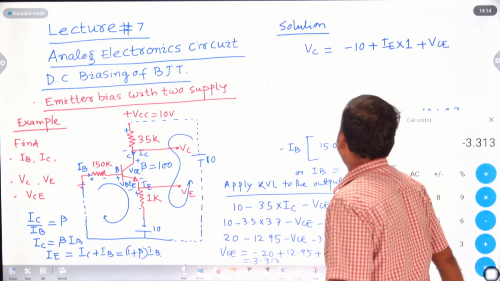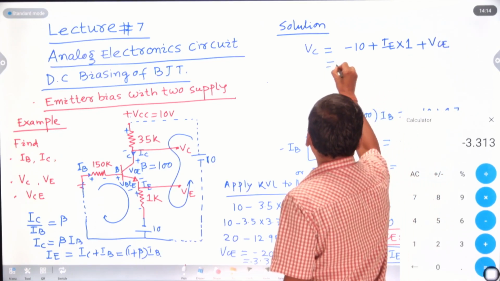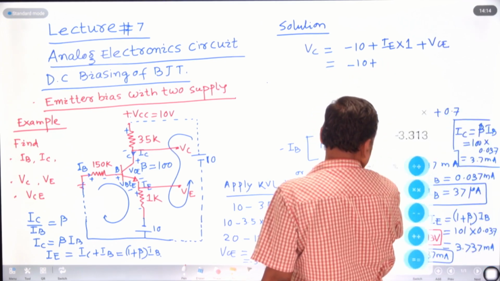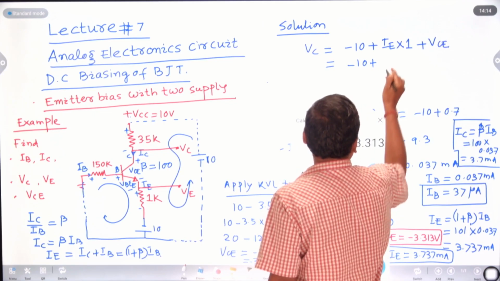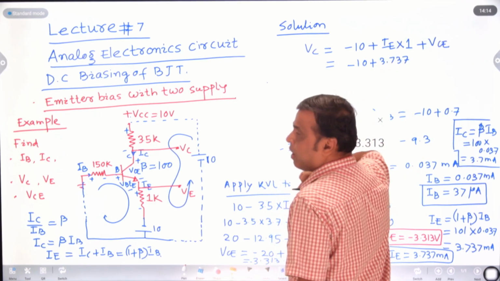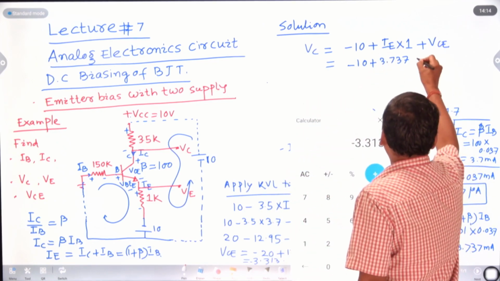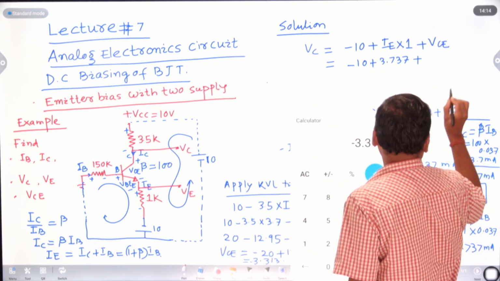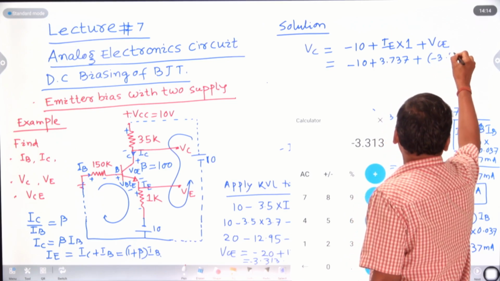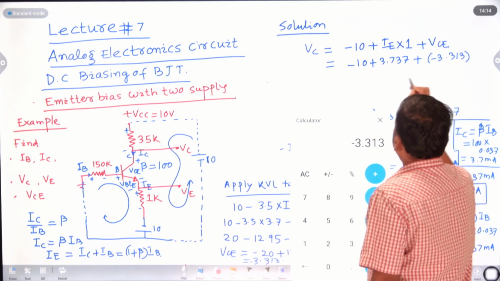This is nothing but VC. So VC equals minus 10 plus IE, and IE is 3.737, milli and kilo cancel out, 1 is kilo ohm and this is milliampere, plus VCE. Already VCE is minus 3.313.